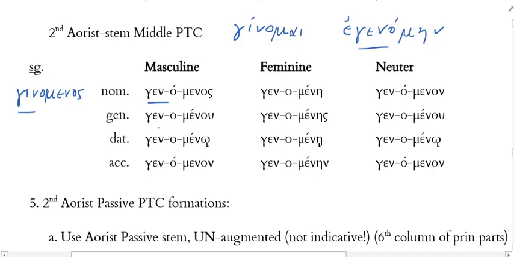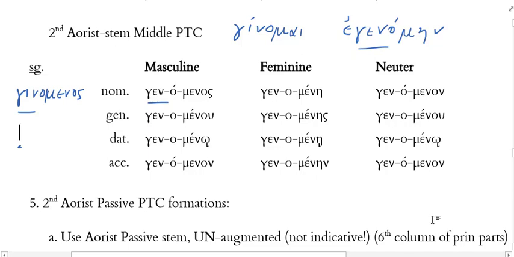Genomenos, genomenu, genomeno, and then genomenon. Feminine forms, genomene, genomenes, genomene, and genomenen. And then the neuter forms, genomenon, genomenu, genomeno, and genomenon.